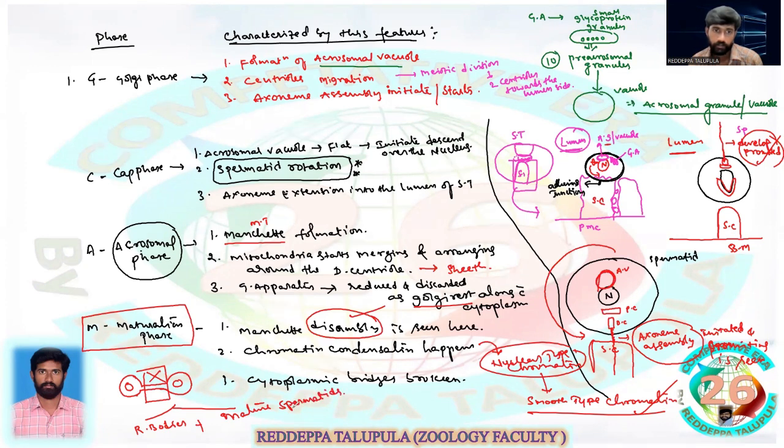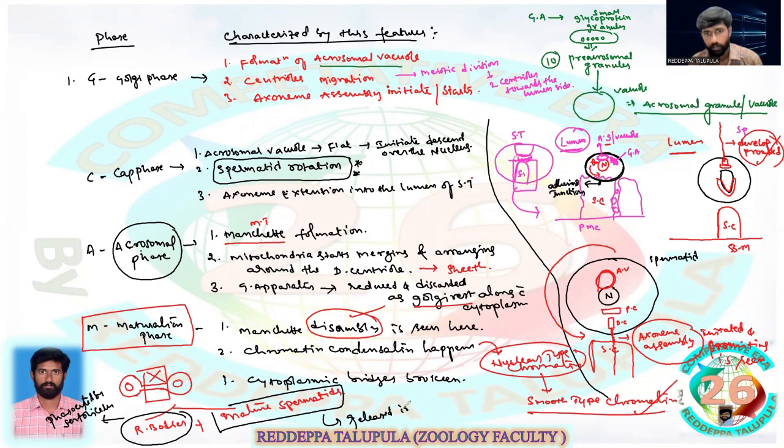Now, what will happen? These residual bodies will be phagocytosed by Sertoli cells, and these mature spermatids will be released into the lumen.